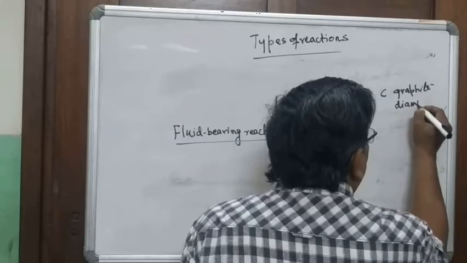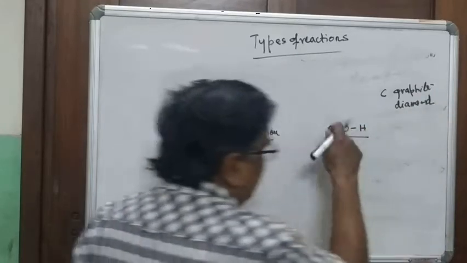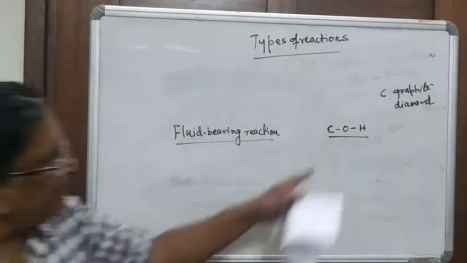Both of them also fall in this chemical system COH, graphite and diamond.